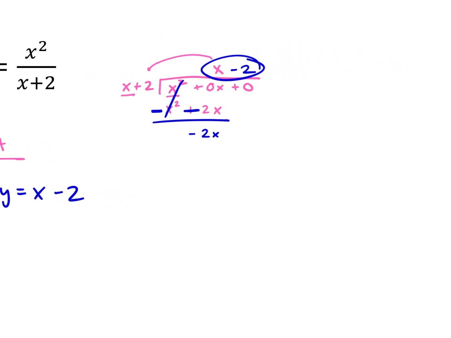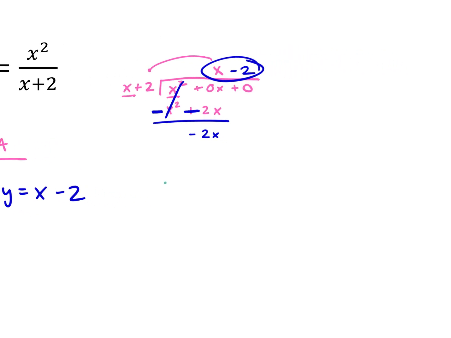If we were to do synthetic division here, we put the numerator inside the box, but it's just the coefficients, so it would be 1, 0, 0, because you need the zeros as placeholders here. Outside the box, you change the sign.